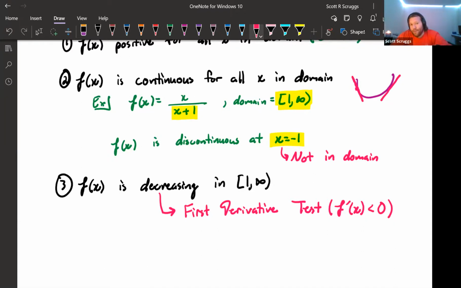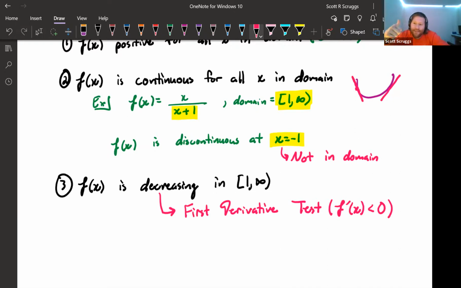So the best way to show that my function is decreasing for the integral test is to use the first derivative test as a tool and say, I take the first derivative. Is my first derivative negative everywhere in that domain?